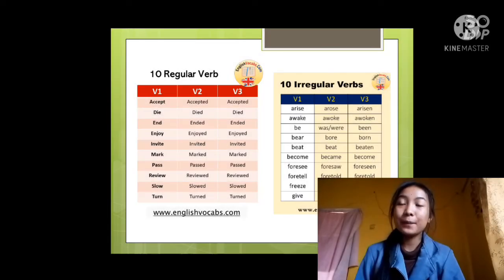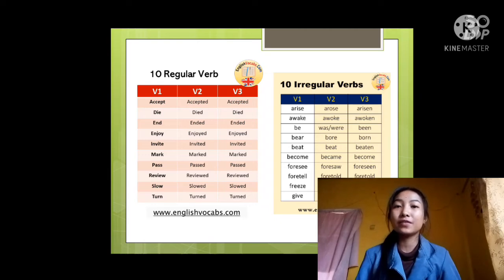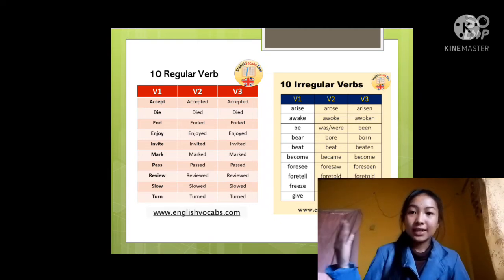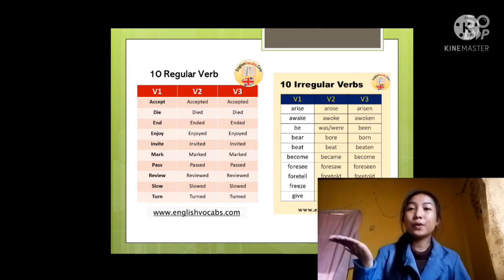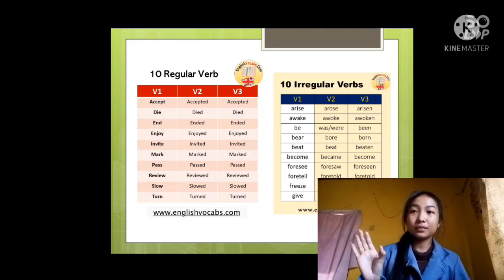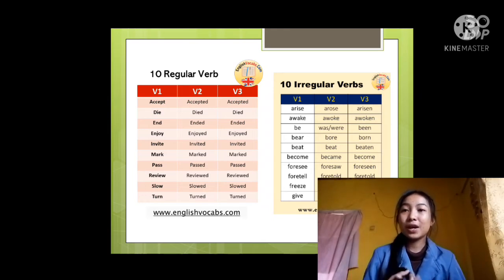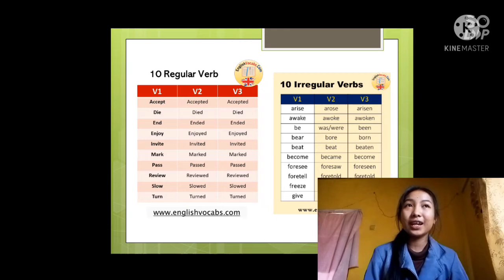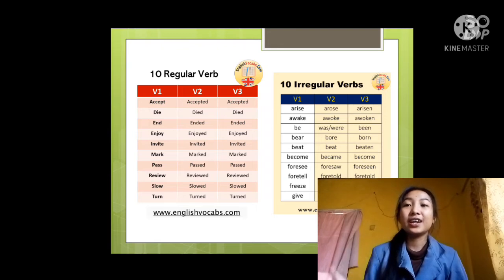This is an example of regular verbs and also irregular verbs. You can see the first one is regular verbs, with verb 1, verb 2, and verb 3. We have accept in verb 1, and for verb 2 and verb 3 it is only added by ed, so it becomes accepted. The next example is enjoy.